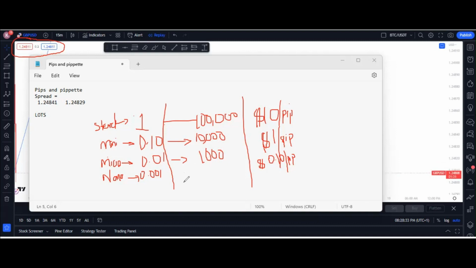Now, that will bring us to leverage. Leverage is the amount of money that your broker lends to you when you open an account with them.